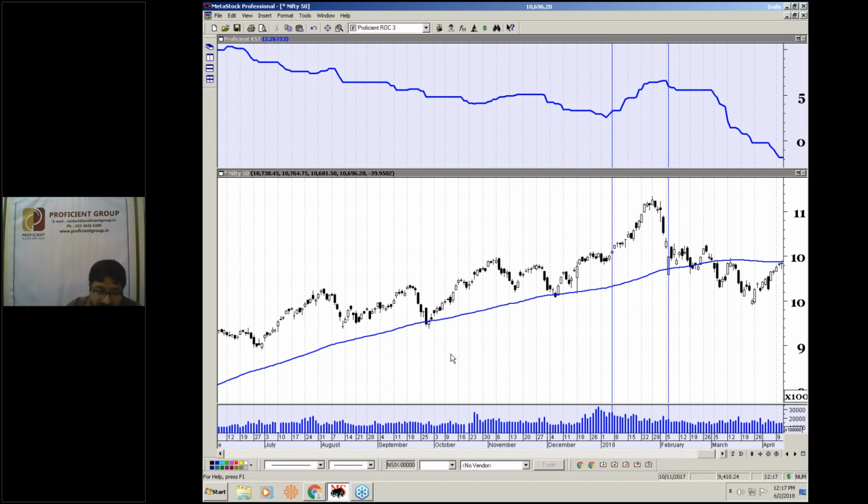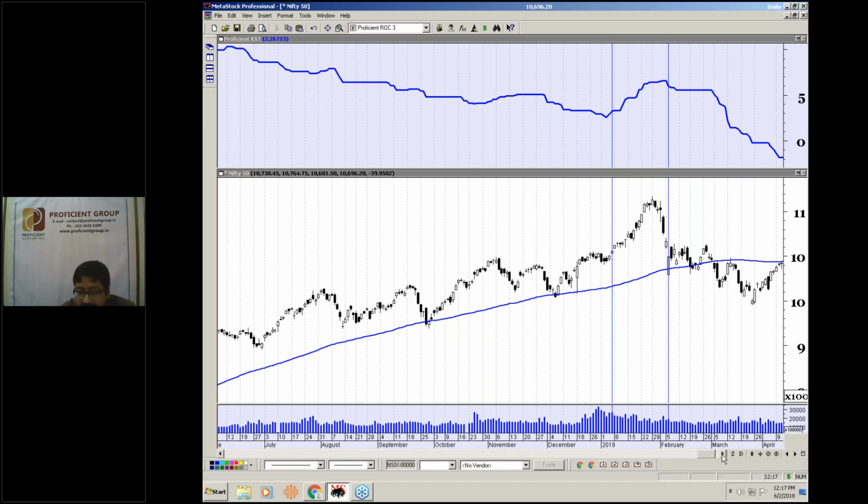Unless prices go below the 100-day moving average, the downward slope of KST will not be effective. And with this simple rider, you can eliminate a lot of wrong signals, a lot of whipsaw signals from the ROC.